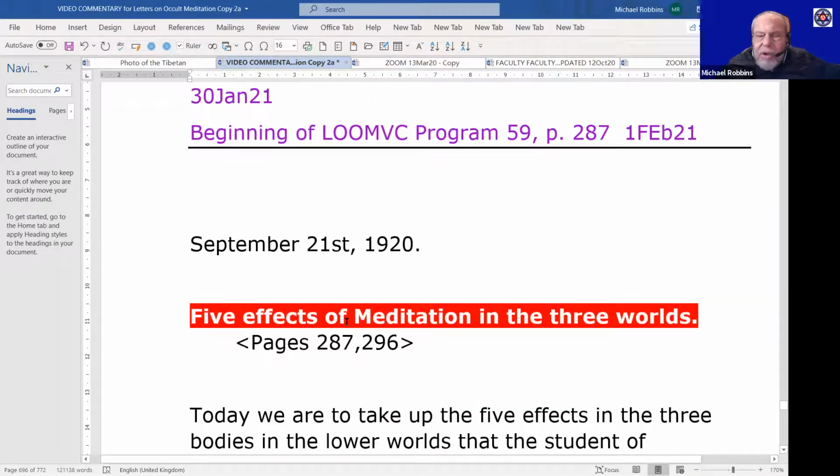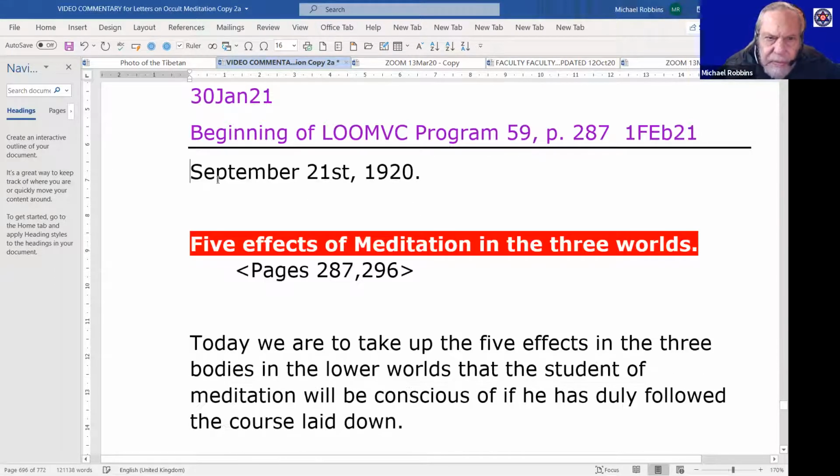And we're beginning a new section. Now, letter 8 will shortly be over. Well, maybe I shouldn't say shortly. We do have 9 pages, and that can be a few programs. Today we are taking up the 5 effects of meditation in the 3 worlds.